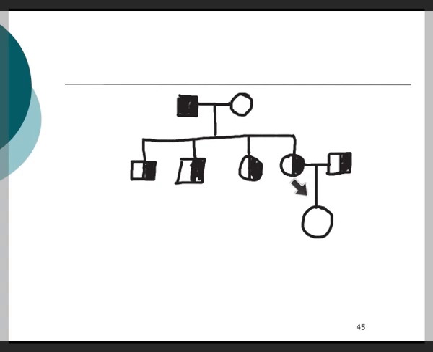She could get the dominant allele passed down from mom. She could get the recessive or the dominant allele passed down from dad. So this could be not filled in. It could be half filled in. It could be all the way filled in. We don't know for that individual. So we're just going to leave that one blank. Or actually, we can't leave it blank. We'll just leave it with a question mark on it because we don't know what the genotype of that offspring could be. But that's how you draw a pedigree.